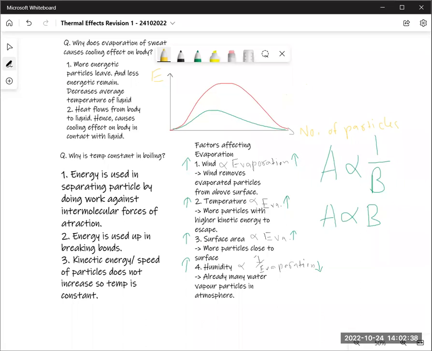I'm on the question, on the third part, kinetic energy, speed of particle. Correct. So we finished evaporation. We finished cooling of objects. Let's see, just a second. I'll show you the syllabus.